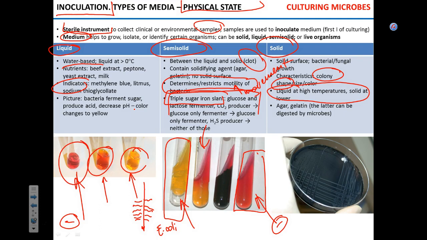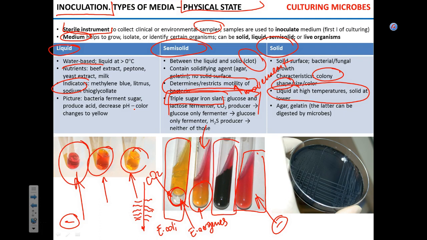Does that make sense? You see this empty space here at the bottom of the slant? This is CO2, because during fermentation, carbon dioxide is produced. This, I believe, is Enterobacter aerogenes. It ferments only glucose, so it does not produce as much acid, and acid is mainly concentrated at the bottom of the tube, and there is no CO2.